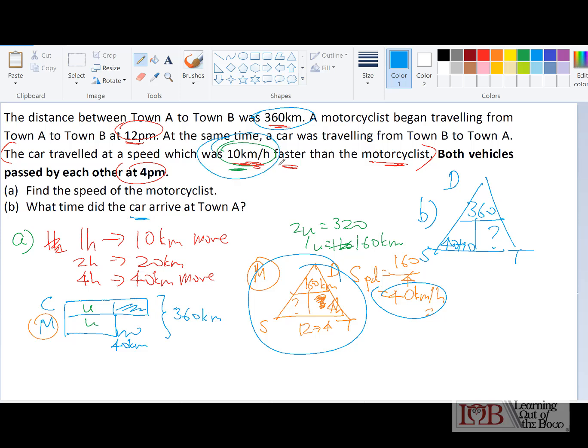So you have time taken, which is 360 divided by 50, which is 7.2 hours, and you have 7 hours and 12 minutes. Alright, so to end off, the time taken is actually 7 hours and 12 minutes plus 12 p.m., which is 7.12 p.m.